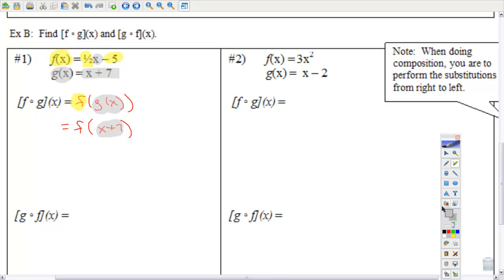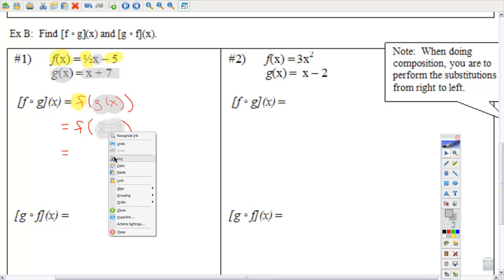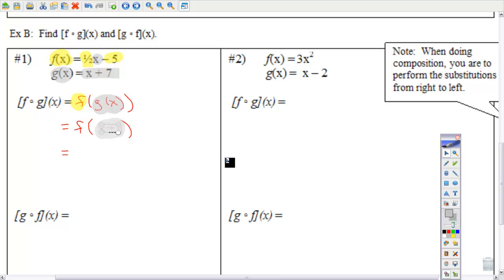Now function f, we write that down. But every time we get to an x, we don't write x. Instead, we write x plus 7. To further emphasize this, I'm not going to even write that. I'm just going to put an open set of parentheses. So here we have f of x.